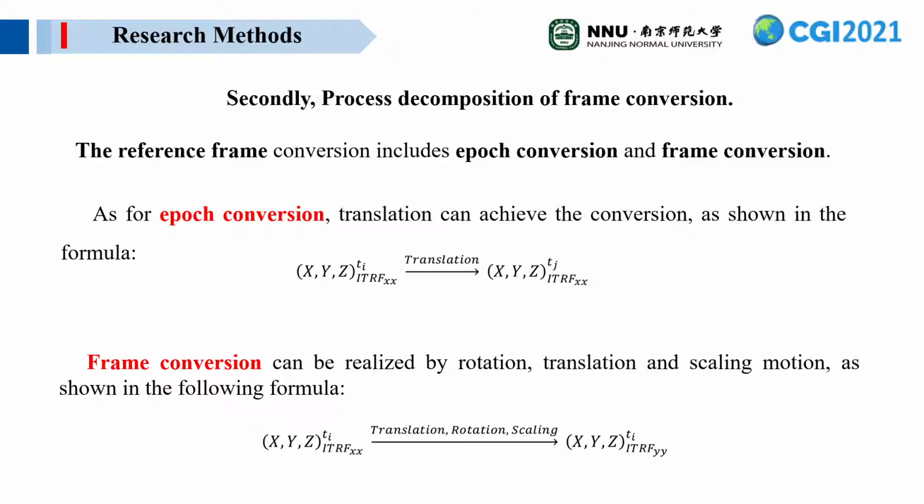The change of the position of the geodetic stations can be regarded as a uniform motion over time. Frame conversion is the position change of the ITRF frame in space, involving rotation and translation of the coordinate axes and scaling between different scales.